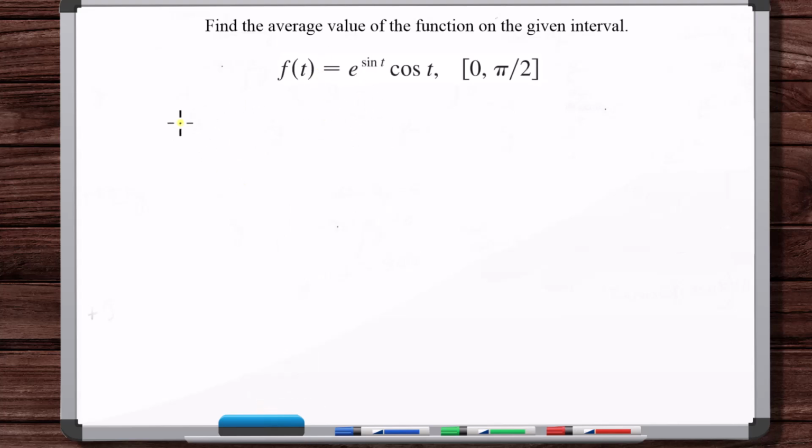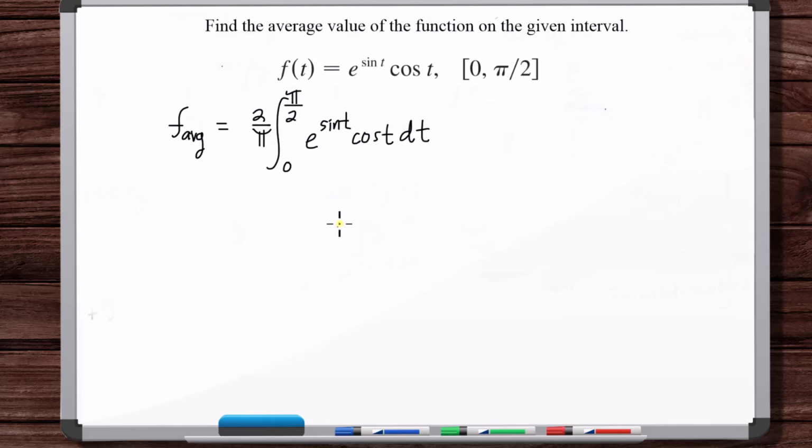Okay, so the average value of f of t, 1 over b minus a, so that's 1 over pi over 2, that's 2 over pi, and then integrate from 0 to pi over 2 e to the sine of t cosine t dt.